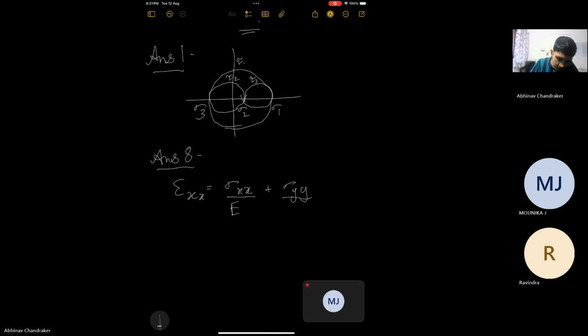by E into minus of mu plus sigma zz by E into minus of mu.